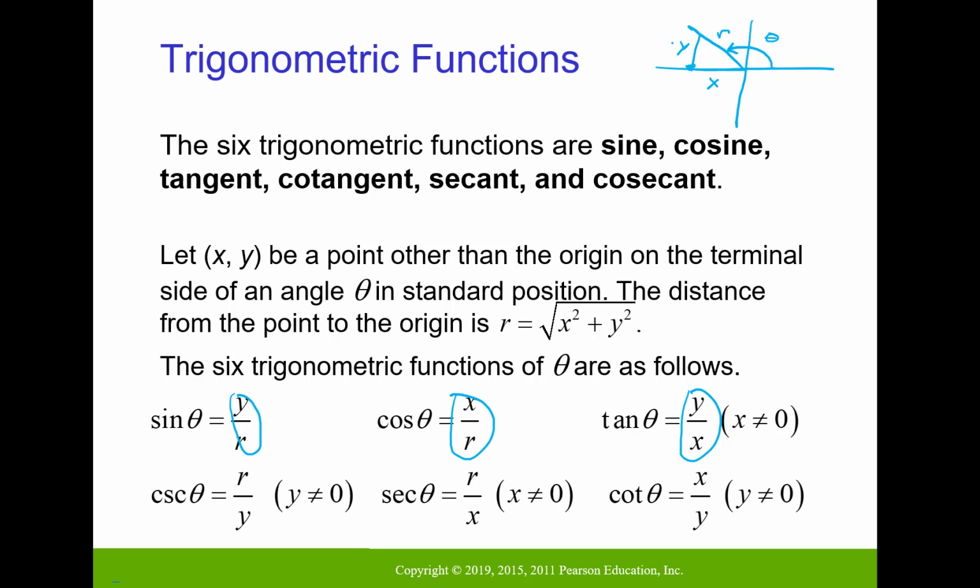So the opposite side, y, divided by the hypotenuse r, is our sine value, and then cosine is the adjacent side over the hypotenuse, and tangent is the opposite side over the adjacent side.